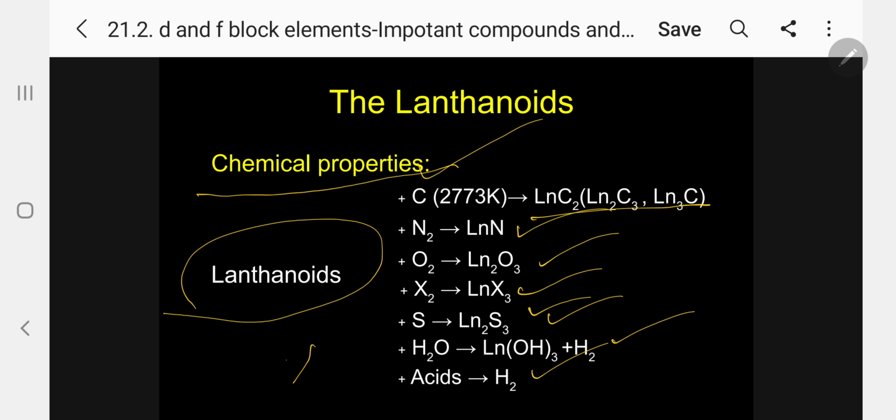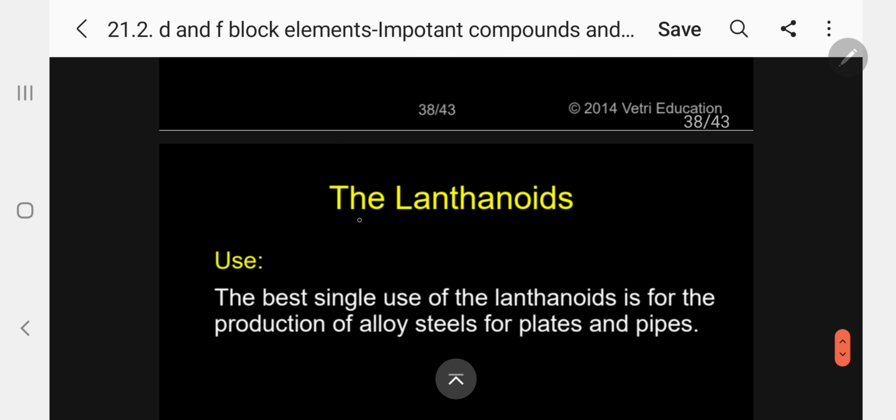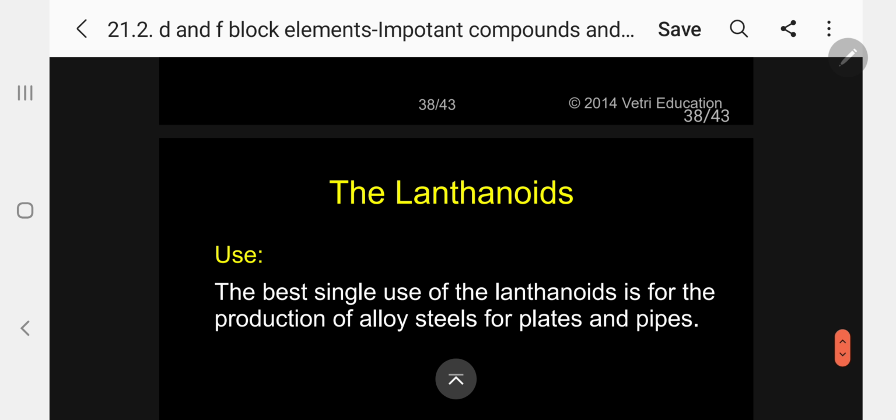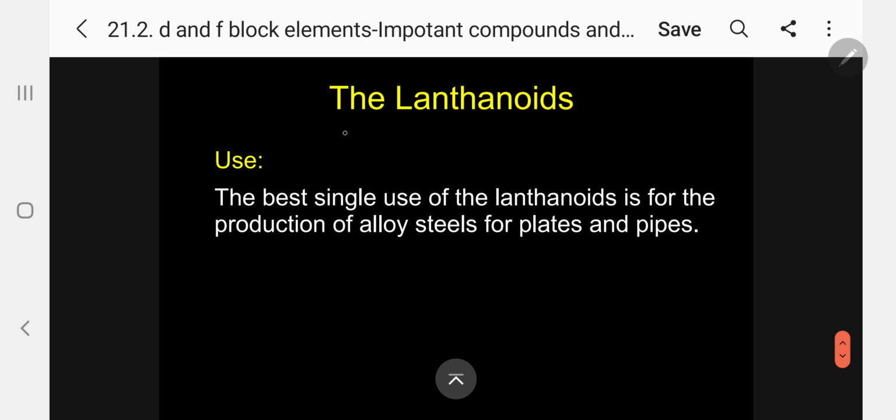So these are the important reactions of lanthanides, the chemical properties. Uses: the best single use of lanthanide is for the production of alloy steel for plates and pipes. It is used for formation of alloys.